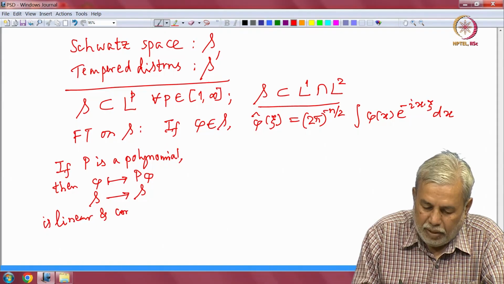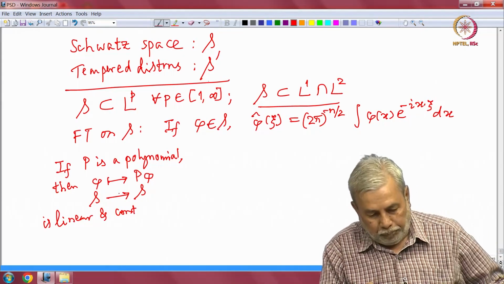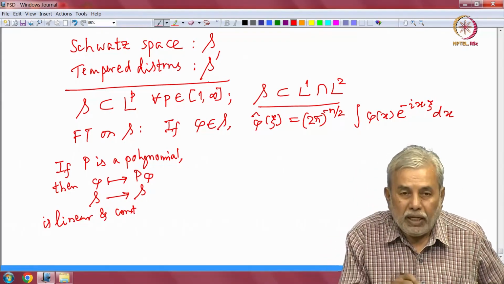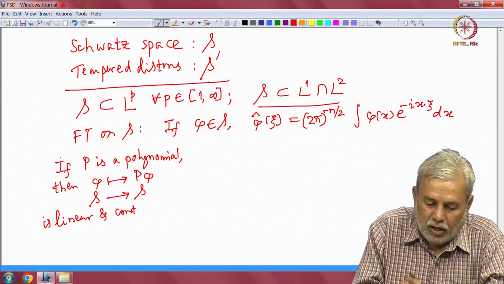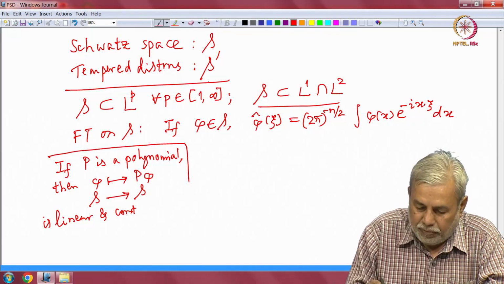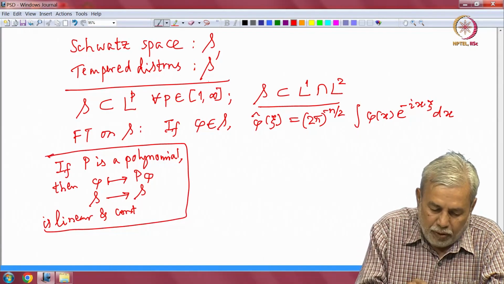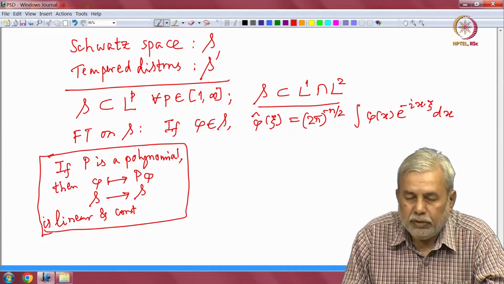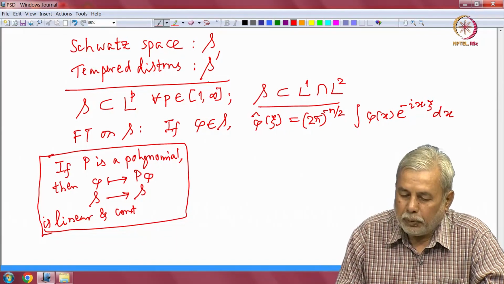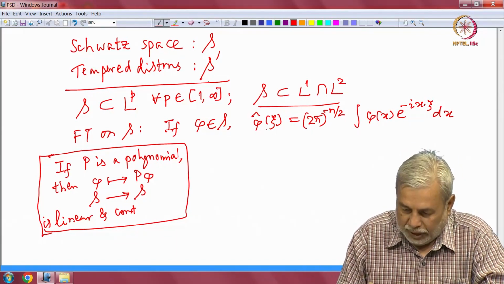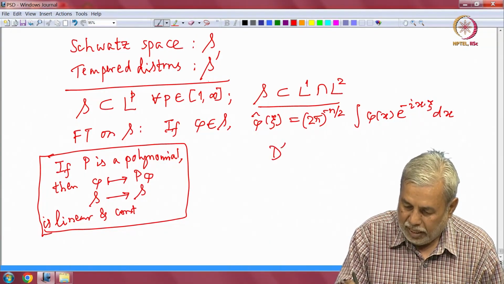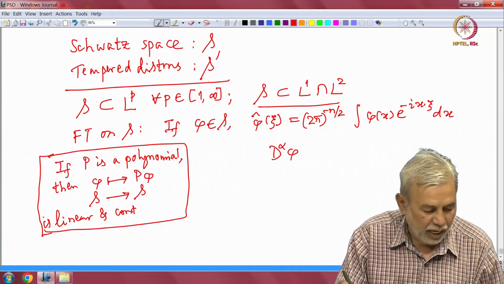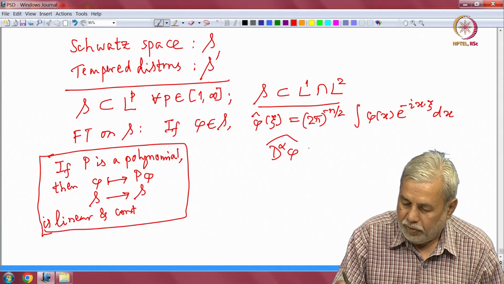And similarly, the operation of derivative, phi going to d alpha phi. All those things are very easy to verify, so as and when needed, you should be able to do that. We can do a similar thing here. These are the properties of the Fourier transform.